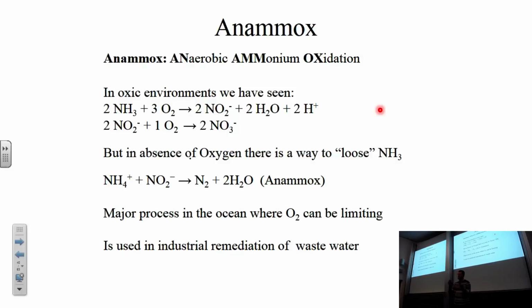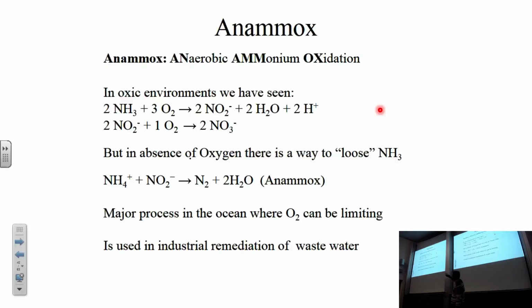So this is basically a process of removing ammonia from a system. Previously, you should remember that to get rid of ammonia, you have to do nitrification, which requires oxygen, to oxidize the ammonium to nitrite and then nitrate.